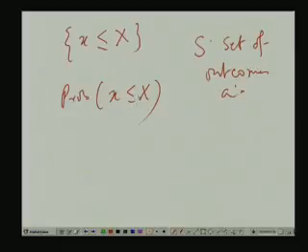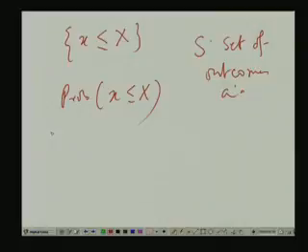this situation somehow we have to convert into the language of events, that is, we have to find an interpretation of this situation in terms of sets or subsets. Then we can talk in terms of probability, because probability is not defined on numbers or on a variable x so far; it is defined only on sets.